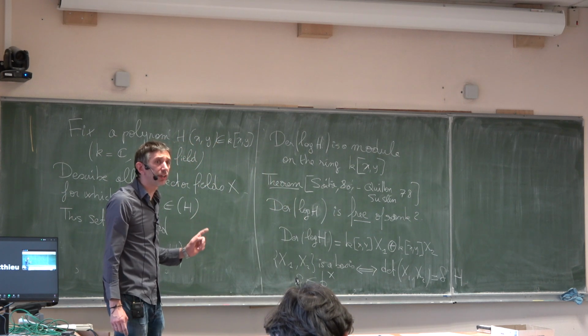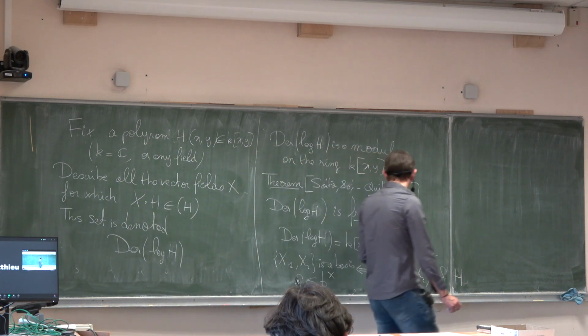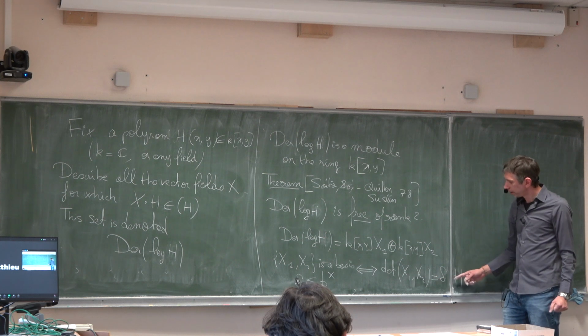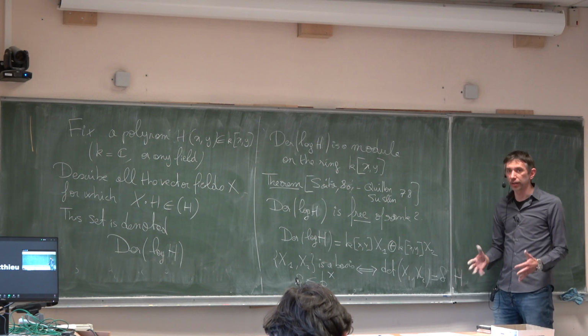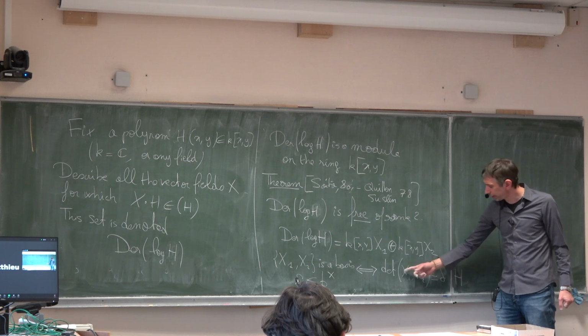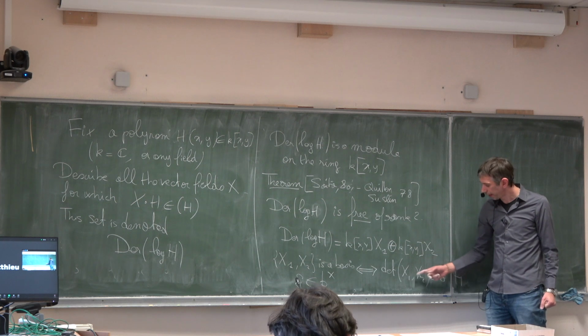So this is a very, very surprising result. Why is this such a surprising result? Imagine that X1 and X2 are just two unknowns. This determinant is a quadratic expression in these two.